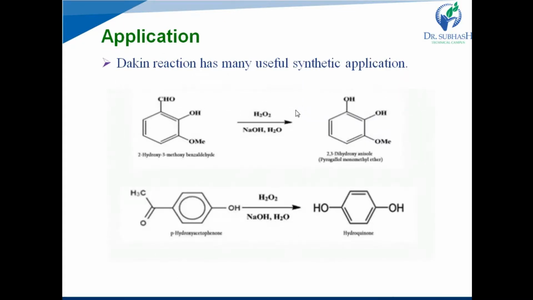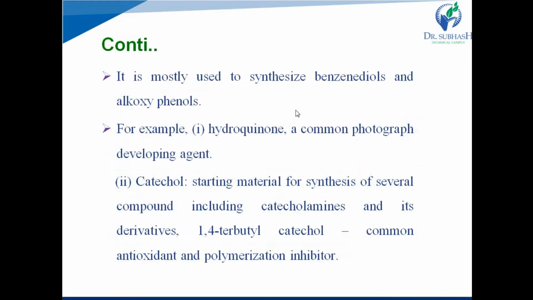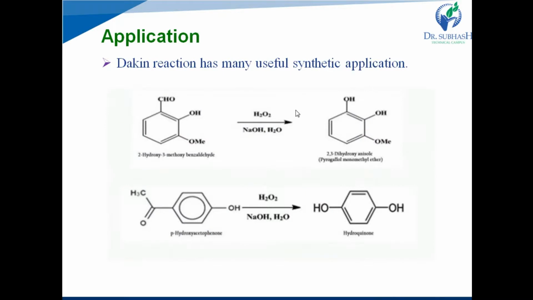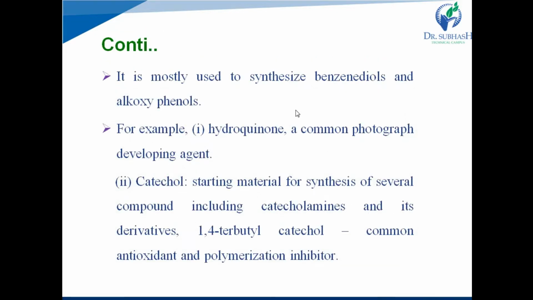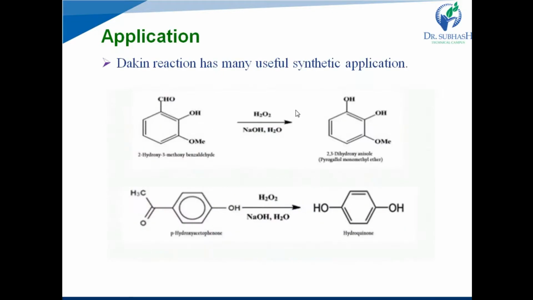Next, application. Dakin reaction has many useful synthetic applications. Here synthesis of different benzene diols and alkoxyphenols can be done, right? First, 2,3-dihydroxyanisole can be prepared. That is the example of alkoxyphenol, right?